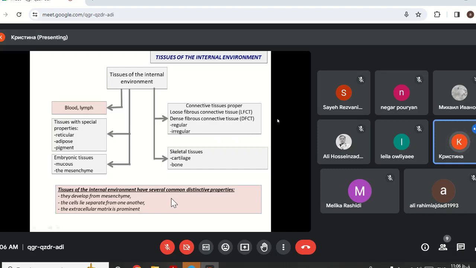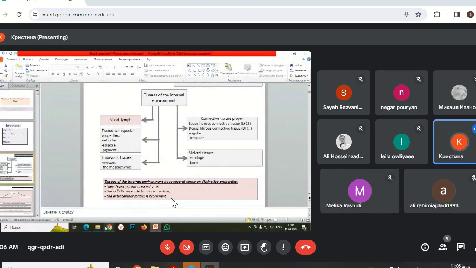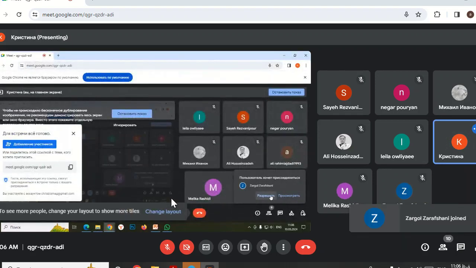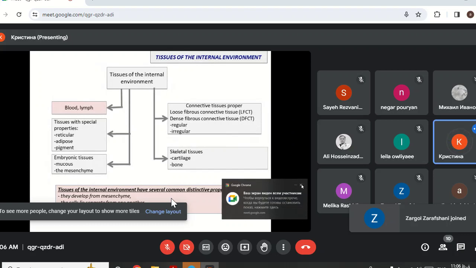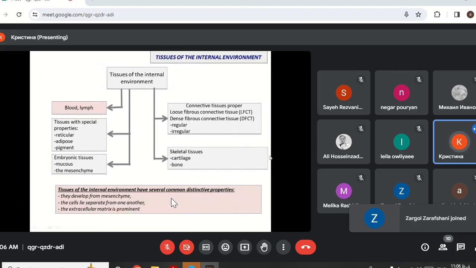Also, we have connective tissues proper, which are loose fibrous connective tissue and dense fibrous connective tissue. And we have also skeletal tissues, which are cartilage and bone tissues. So this is the classification of tissues of internal environment.